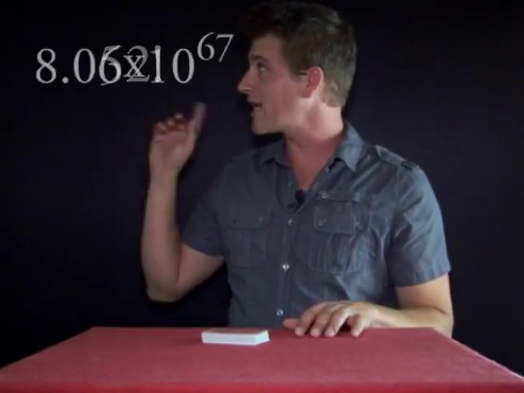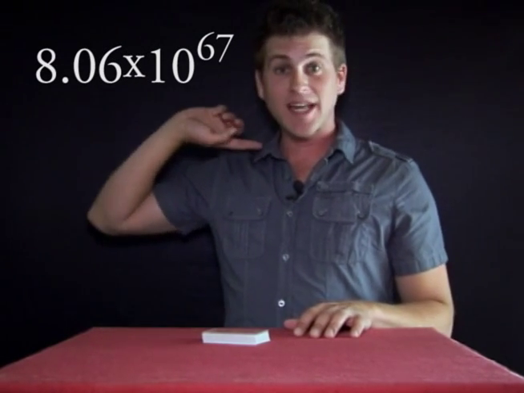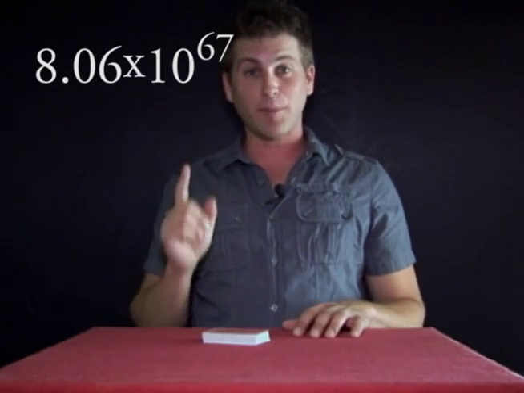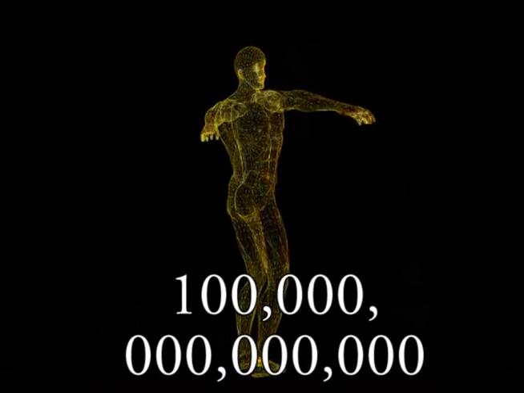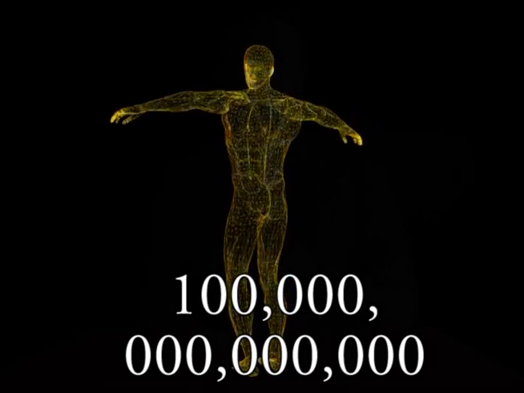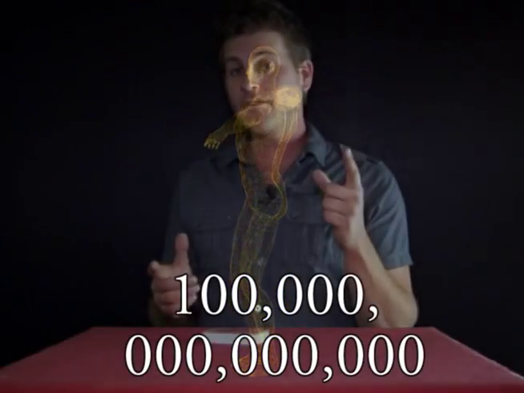Now, when you write that number out in scientific notation, you get 8 times 10 to the 67th power. It's kind of hard to conceptualize a number that big, so I'll give you some hints here. The number of cells in the human body is estimated to be about 100 trillion cells. That's a 1 followed by 14 zeros.